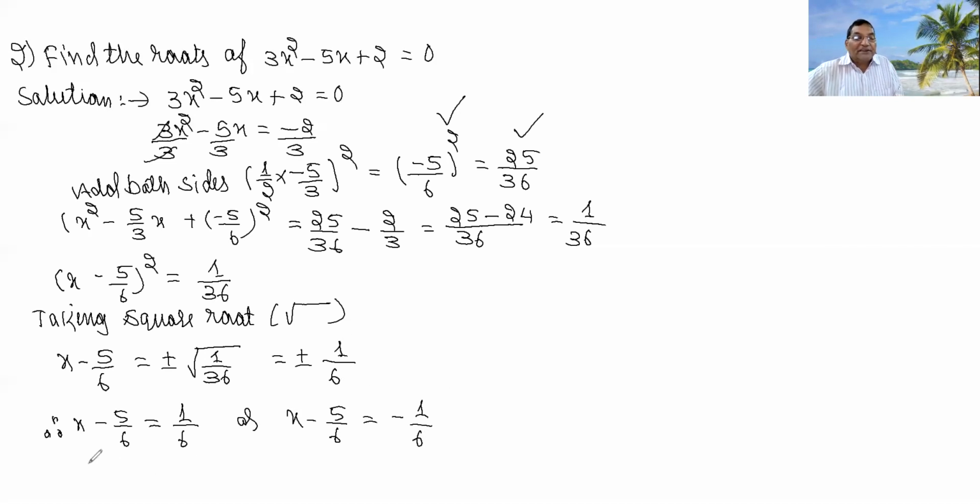Now, we are interested in finding value of x. Therefore, x equal to 1 upon 6, transfer minus 5 by 6 to RHS, it becomes plus 5 by 6. And simplify this, 6 is LCM, numerator remains same, 5. And this is 6 upon 6. They are getting cancelled. The answer is 1.